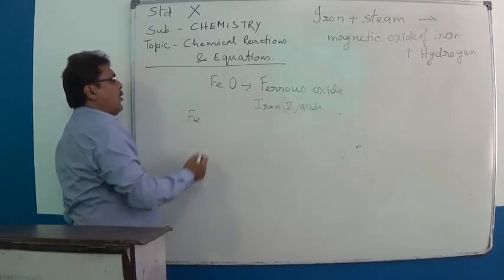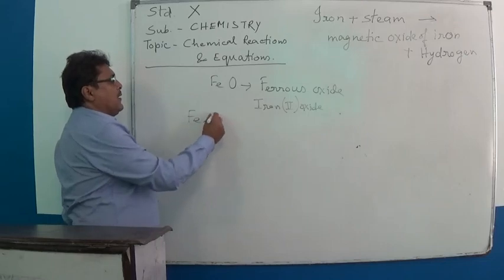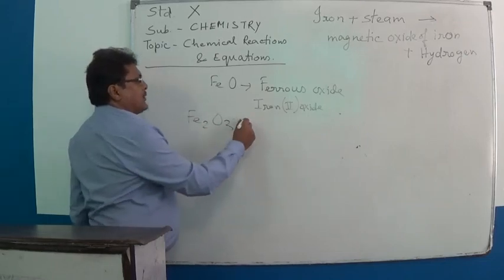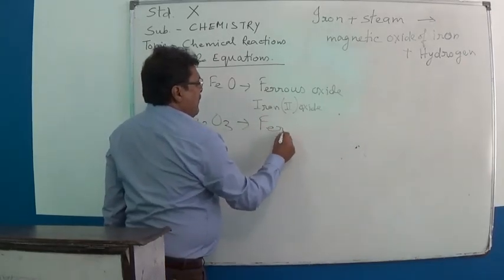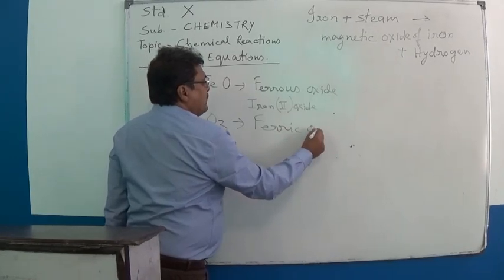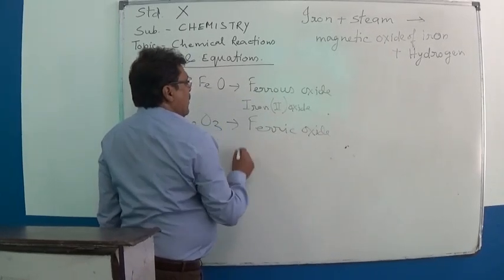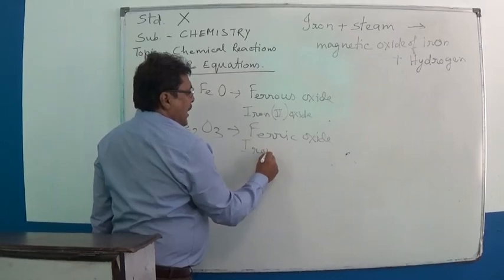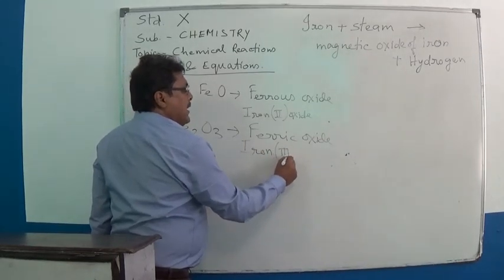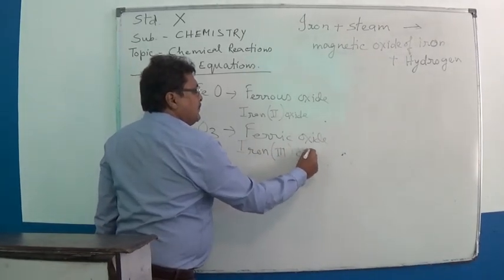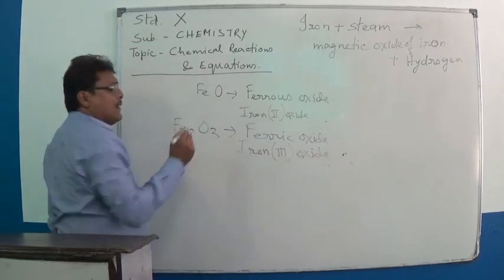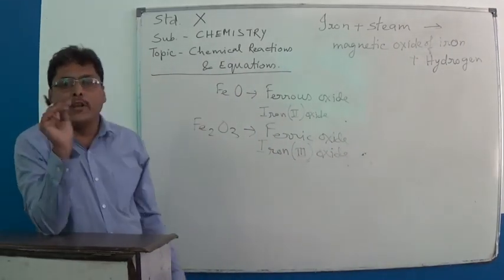And we also have another oxide that is called ferric oxide, or we can also call it iron 3 oxide, because this has valency of 3.